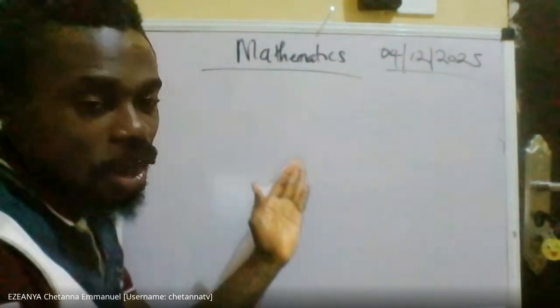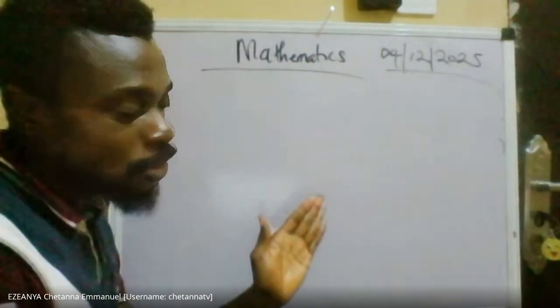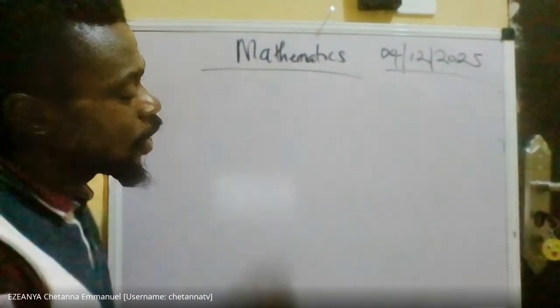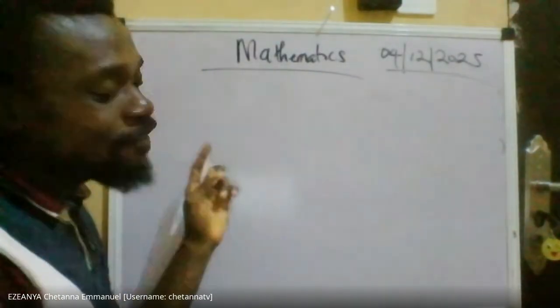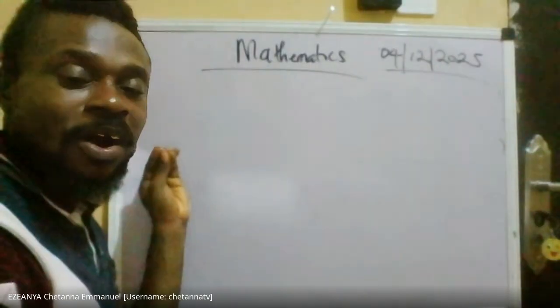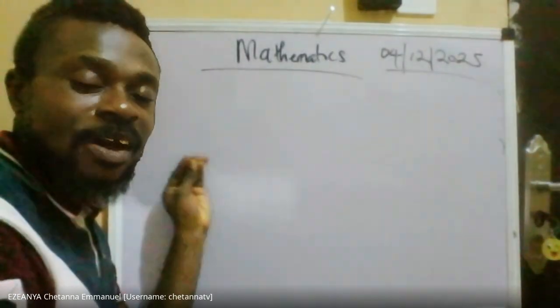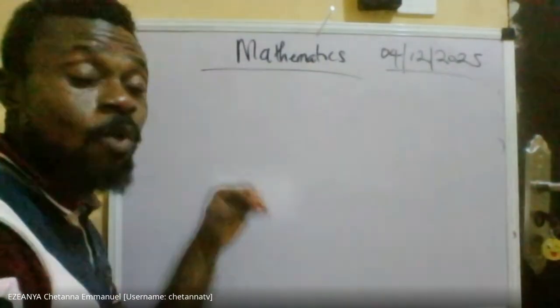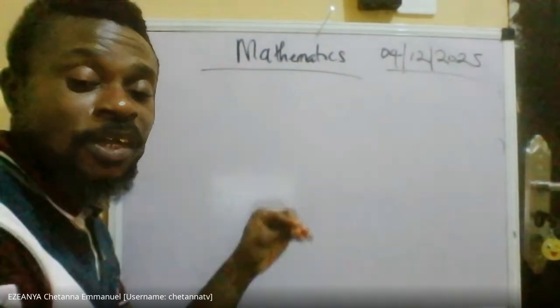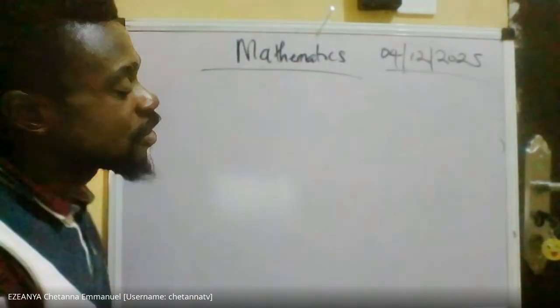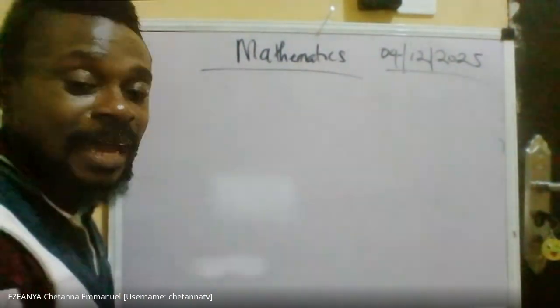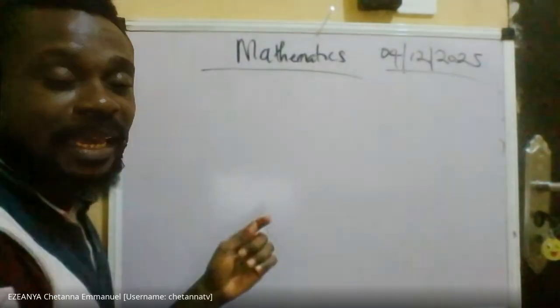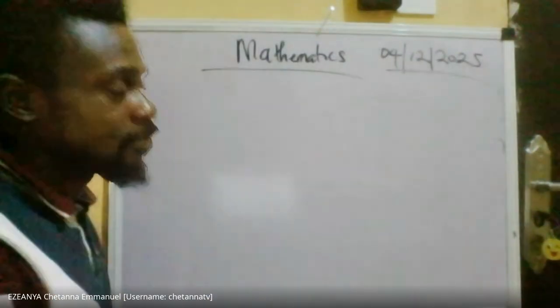Add all the digits in odd position, keep the sum. First instance, if the sum of all the digits in odd position is equal to the sum of all the digits in even position, that means that that number is divisible by what? 11.